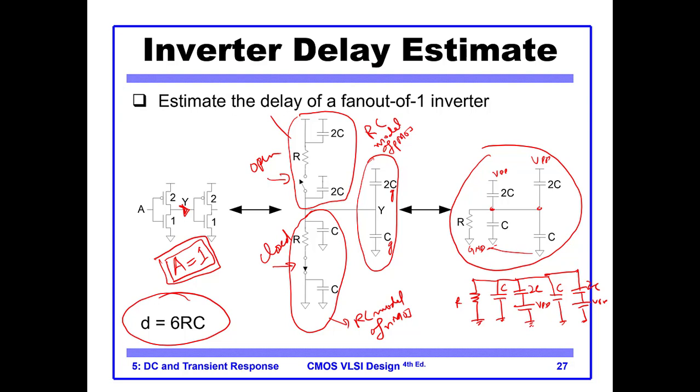This is a very important point: we can calculate for A equal to 0, but if it is less than for A equal to 1, then the delay will be the greatest one, not the smallest one. It is always for the worst case.